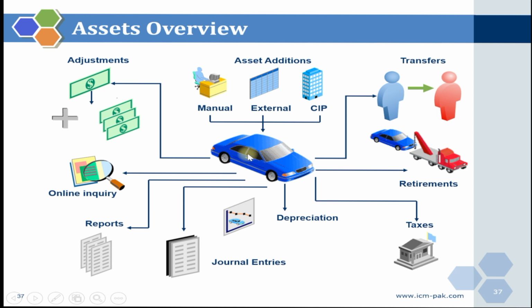Once you have assets available in the fixed assets module, for those assets you can do the adjustments. Sometimes asset cost is partially depreciated or not depreciated. For example, you have a car and this car has an accident and is damaged, so partial retirement on that car might happen. As well as, if you add some additional accessories or additional equipment on a car, you can have additional amounts on the car.